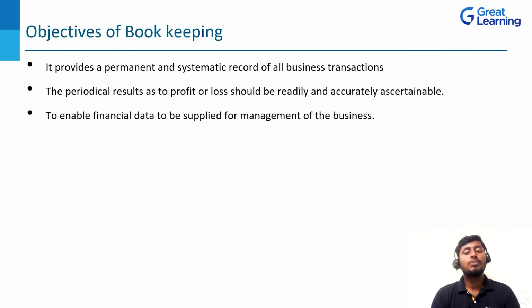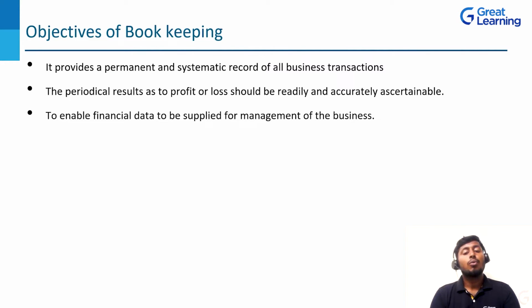Next, objectives of bookkeeping. We have n number of objectives, but these are the 3 major objectives of bookkeeping. First, it provides a permanent and systematic record of all the business transactions.